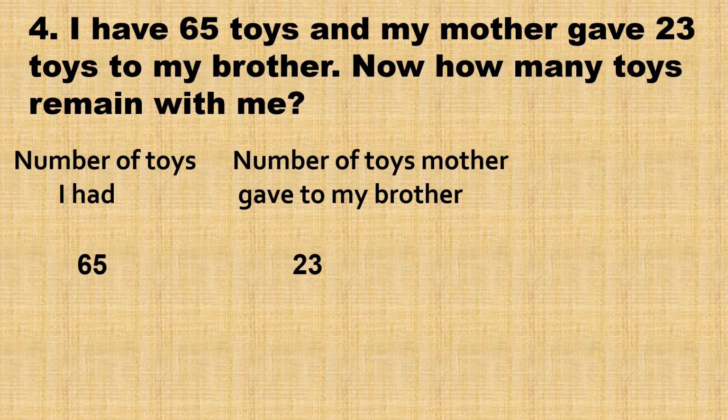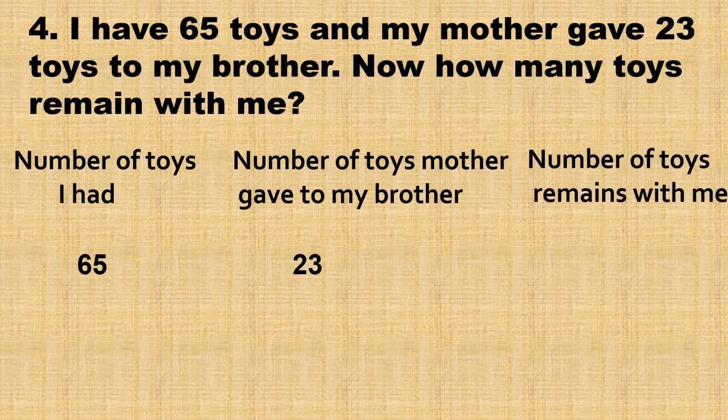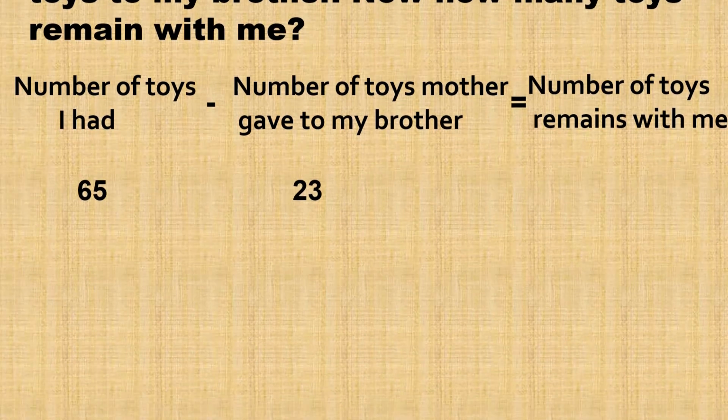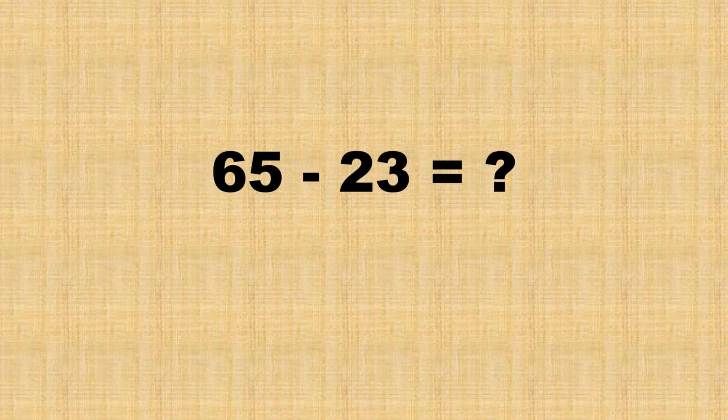Now this information is given. Now we have to find out number of toys remain with me. Remains means we have to do subtraction. So here we have to subtract 65 minus 23.